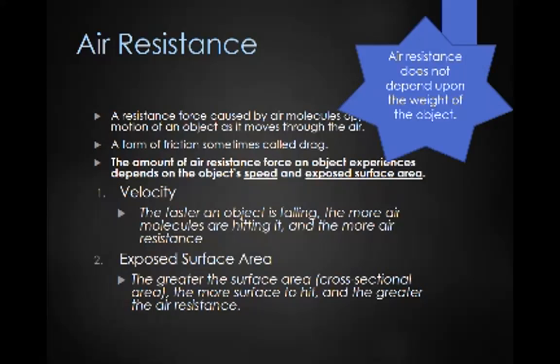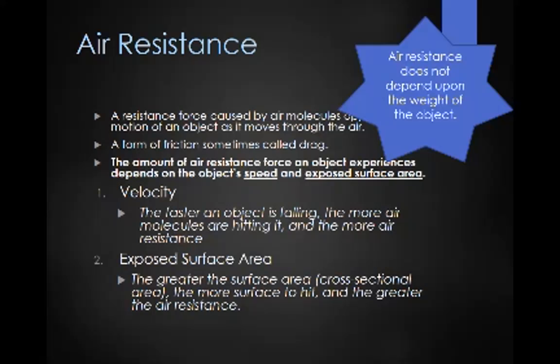Now, let's think about this in terms of skydiving. When you skydive, your body provides the surface area. If you were to go feet first, you would have a fairly small surface area. But if you were to lay out flat with your arms and legs extended fully, you would have the maximum amount of surface area. This is an important thing to keep in mind.